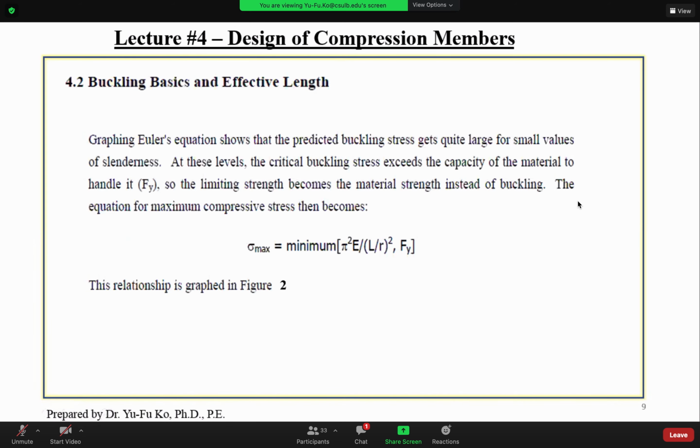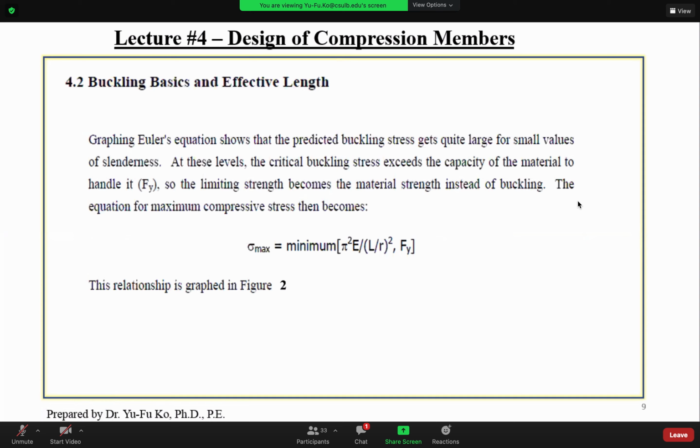If you graph Euler's equation, it will show that the predicted buckling stress becomes quite large for small values of slenderness ratio. At this level, the critical buckling stress exceeds the capacity of the material to handle, which is Fy.